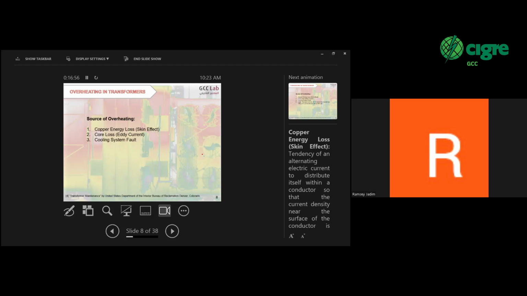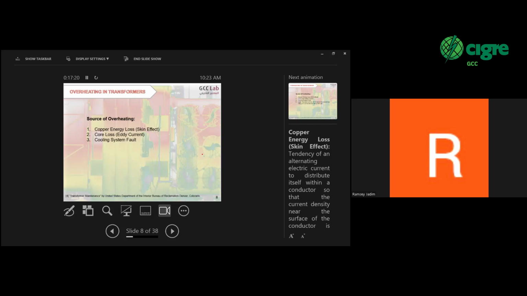We were there in the summer, July, and we found two problems. They used an automatic cooling system that opens and closes at a specific temperature.